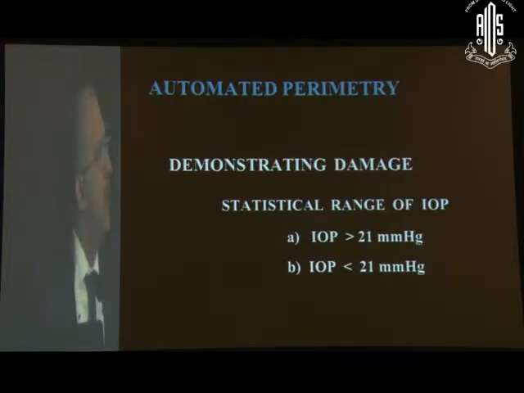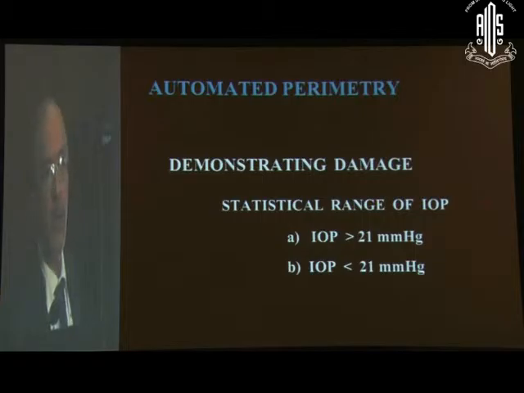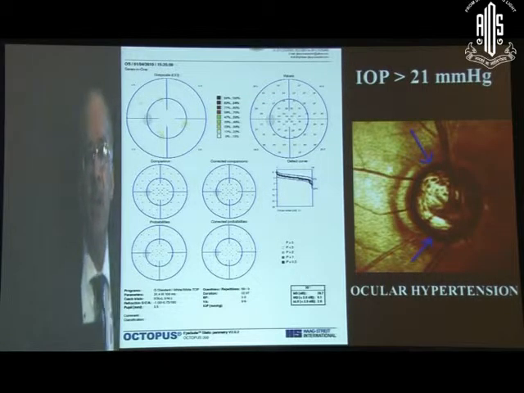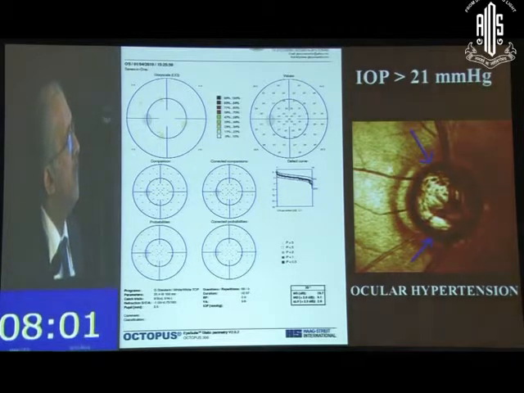Yes, because if you look at definitions for glaucoma, the normal statistical range of intraocular pressure is 11 to 21 millimeters of mercury. When you see a patient who has a pressure more than 21 millimeters of mercury, you have to get his visual fields done.